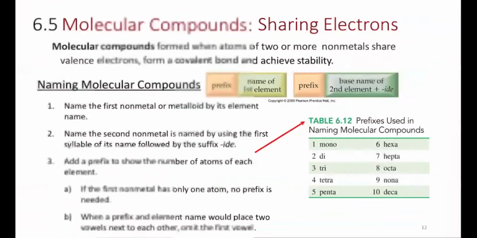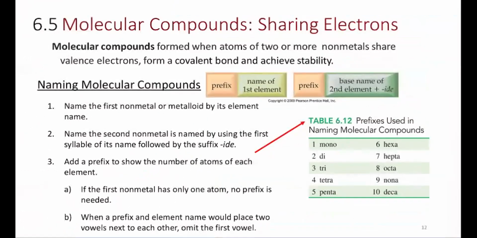Now, one of the key features for molecular and covalent compounds is the use of prefixes. And there are rules for which prefix you're going to use and who gets a prefix. As you can see here, it tells you there's a prefix for the first one and there's a prefix for the second one. Now, the first nonmetal, if it has only one atom, meaning it has a subscript of 1, then it doesn't get a prefix, okay?